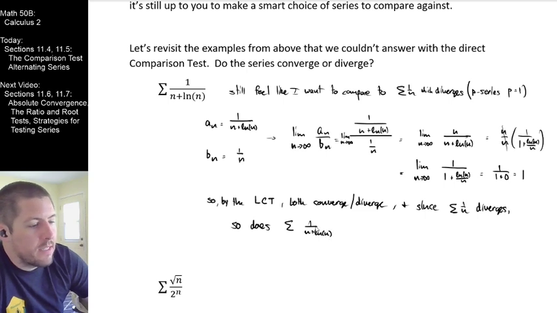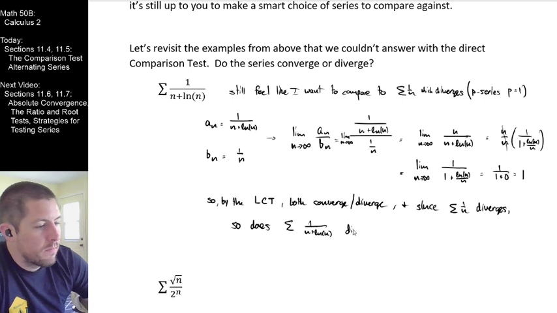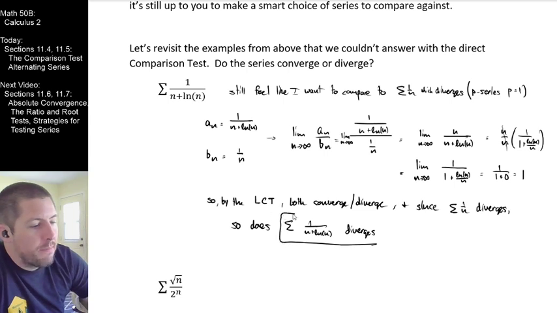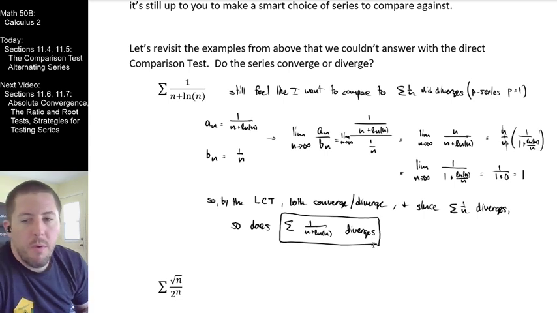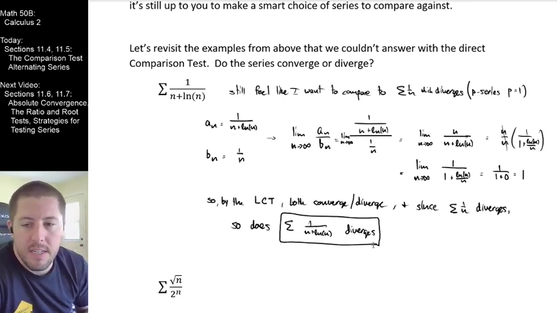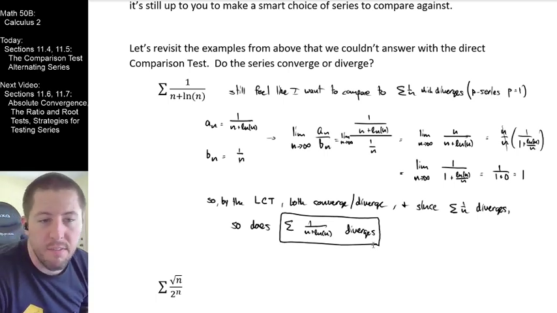So what this is basically saying to me now, I'm just going to write it here so I can put it in a box. I know that 1 over n plus ln n is smaller than the harmonic series, but it is sort of trivially smaller. It didn't get smaller enough that it failed to diverge, so that it converged, right?